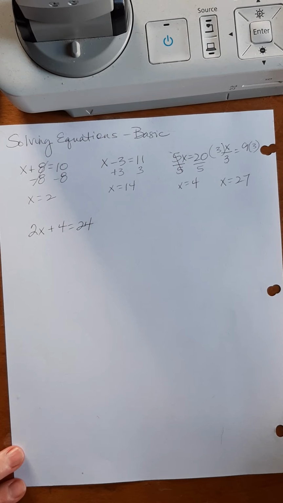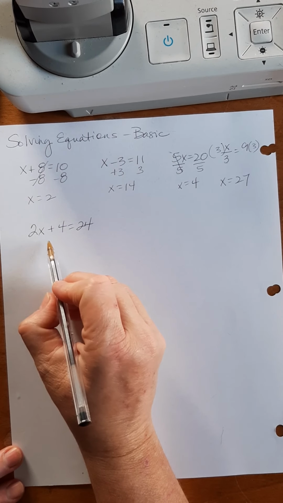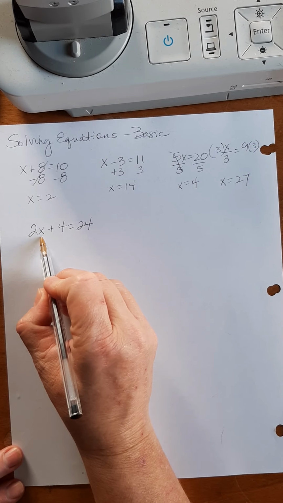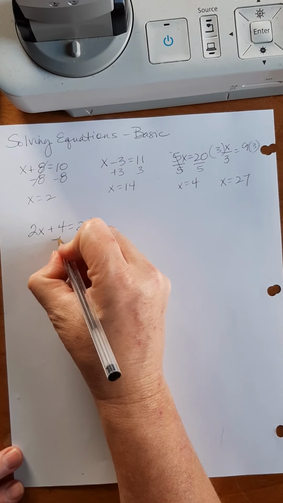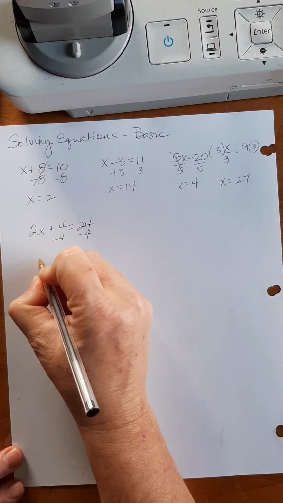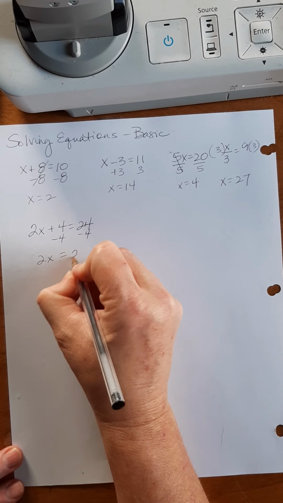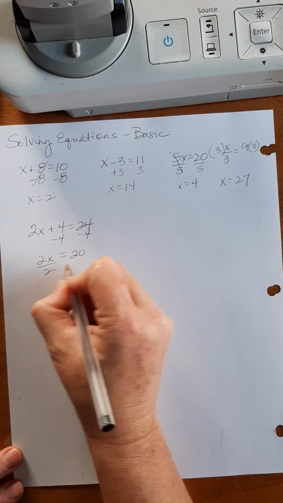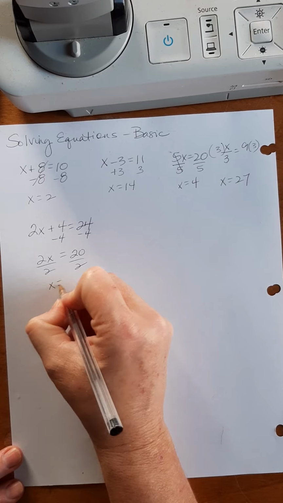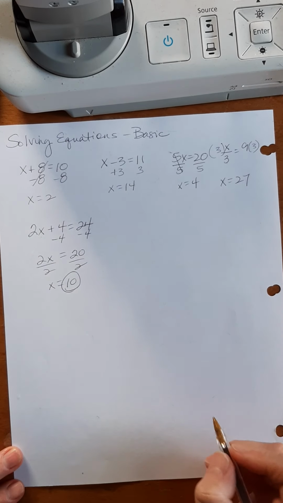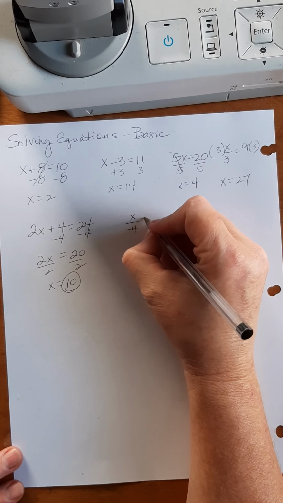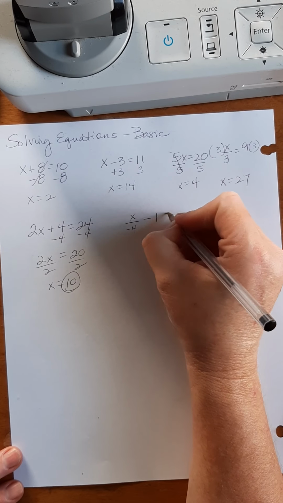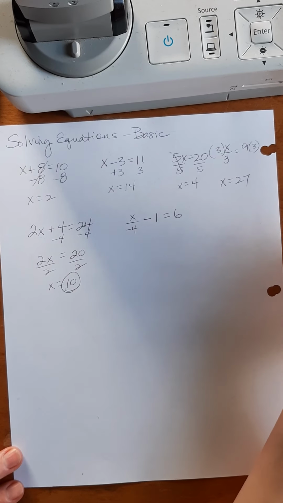two-steppers, where if you want to solve for x, you've got to get this term all by itself. So subtract the 4. 2x equals 20. Divide by 2. X is 10. Even if I had something like x over negative 4 minus 1 equals 6.